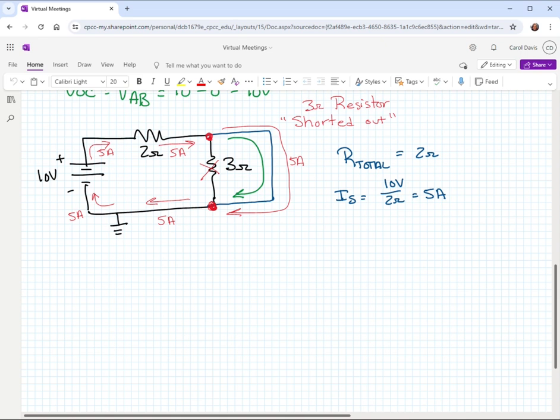What else is going to happen here? We will have a voltage drop across the 2 ohm resistor because we do have current there. We've got 5 amps of current there, so the voltage drop across the 2 ohm resistor would be 5 amps times 2 ohms, or 10 volts.